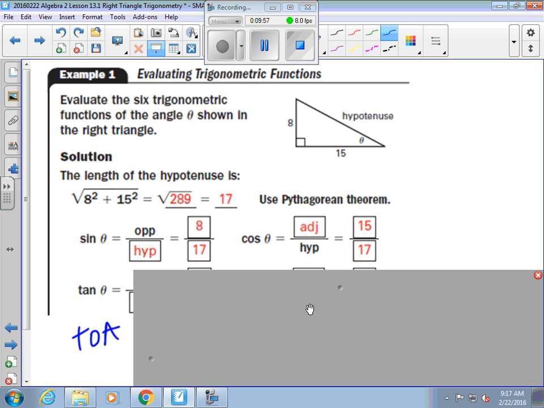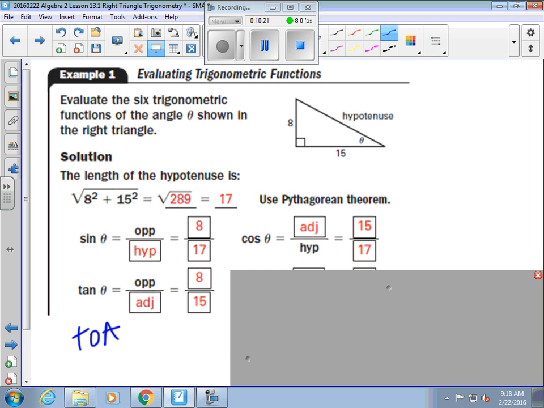So tangent is the opposite over the adjacent. So opposite in this case of theta is 8 over the adjacent is 15. Again, once you have those three trig functions, and the way this example is set up on your sheet does not facilitate what I'm going to say next. Once you have these three trig functions, remember, the other three are their reciprocals.